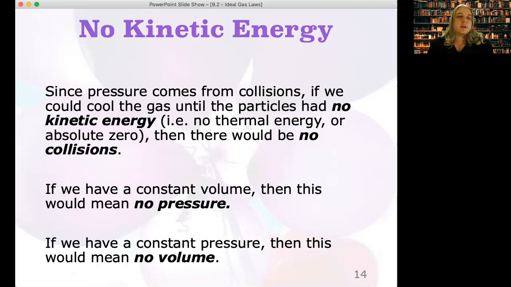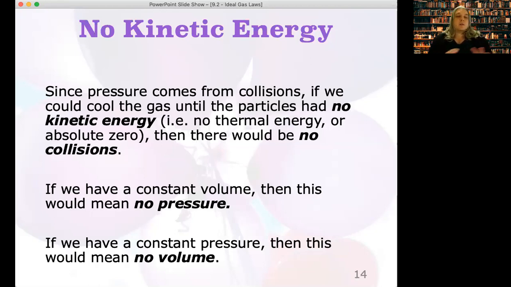And if they've got no kinetic energy, that means there would be no collision. If there's no collision, then there's no pressure. So we can use this idea of no pressure or no volume to figure out where absolute zero actually would be. That's how we know that it is at negative 273 degrees Celsius.